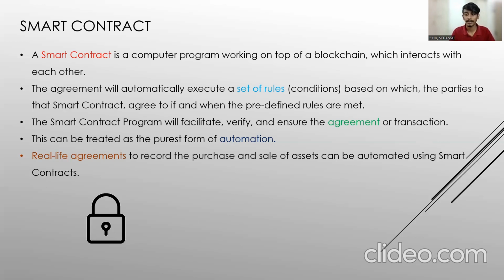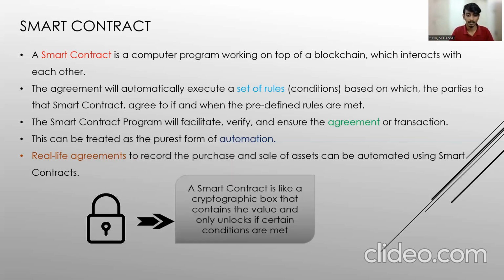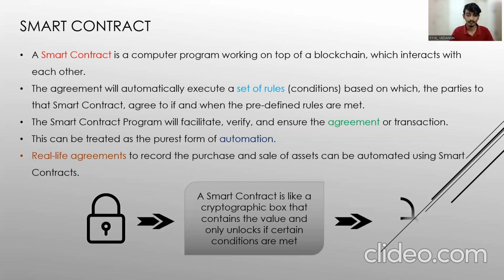Once these conditions are satisfied by the parties, then the smart contract will get executed. So here is how it works. First, a smart contract is given to both the parties.